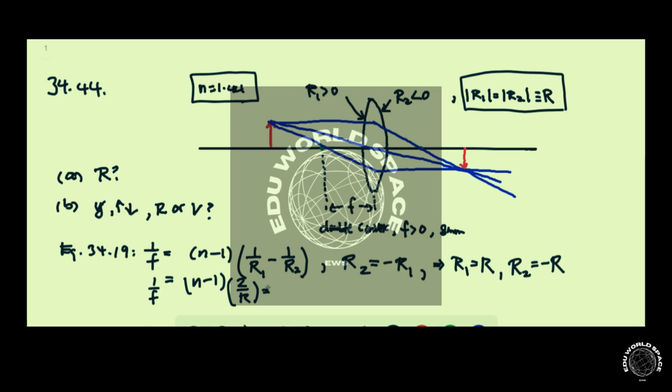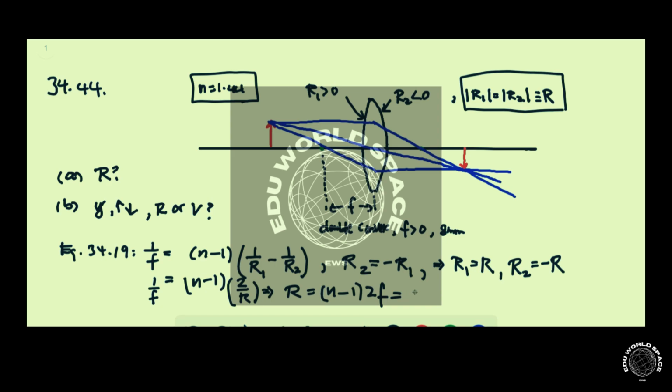And then I can rearrange so that I isolate R by itself. And then I find that R is equal to n minus 1 and 2 times f. I know n and I know f, so I can immediately find R. n is 1.44.